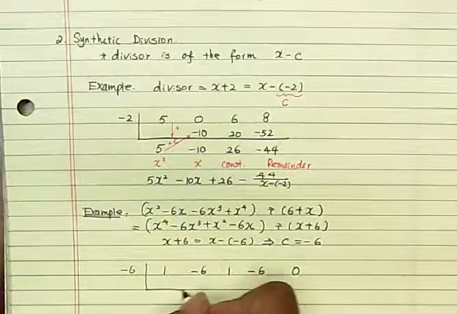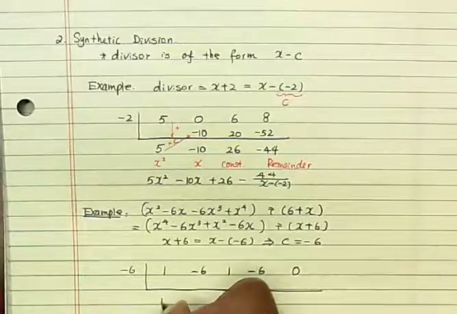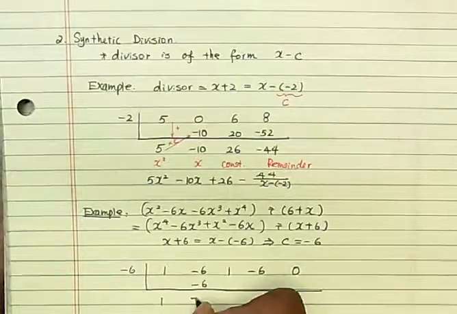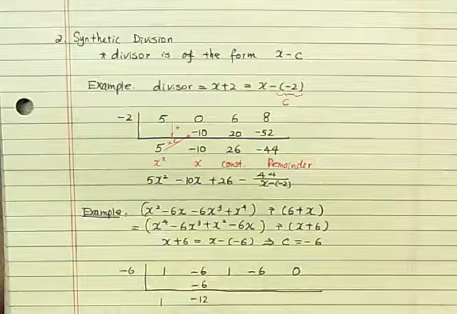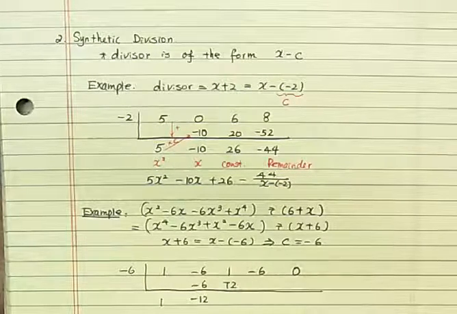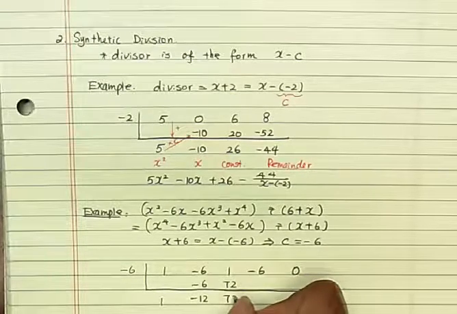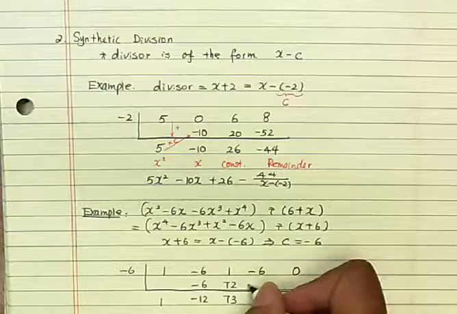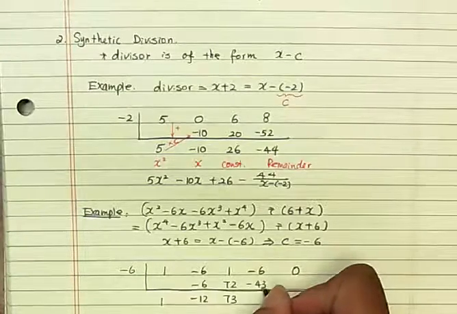Vertically, we bring down 1. Diagonally multiply by c, negative 6, then add, negative 12. Times negative 6, that's positive 72, add, that's 73. 73 times negative 6 will be negative 438.